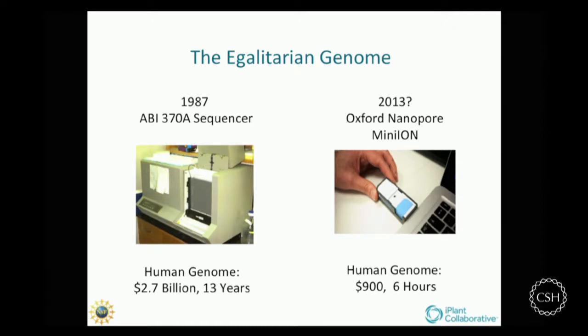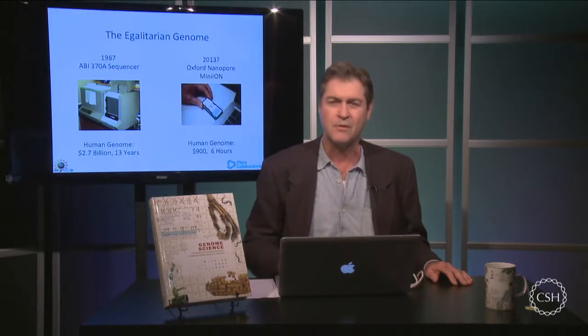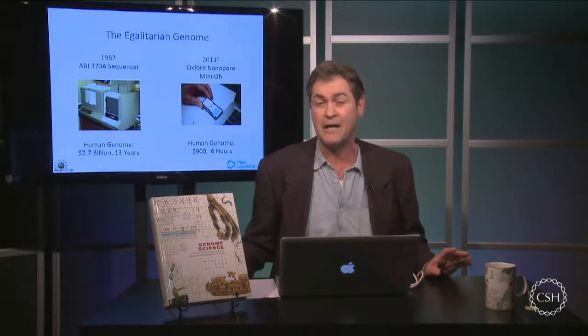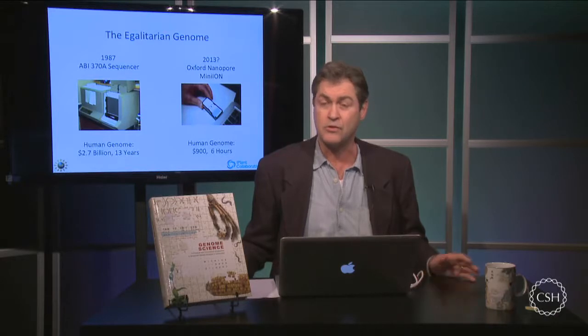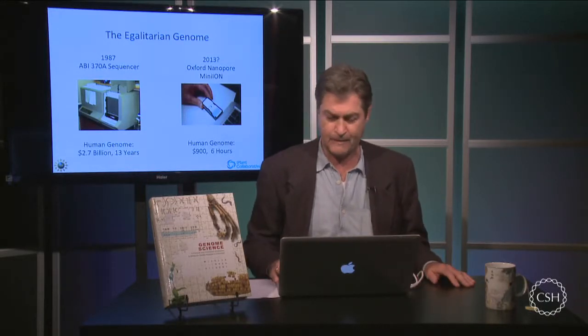You can now sequence that same genome about overnight for a cost currently of about $2,000 or $3,000 per genome. And sometime soon, we've been promised this sort of plug-in for our computers, which may do your genome for less than $1,000 in a few hours. So now, genomes are available to just about anyone to analyze.